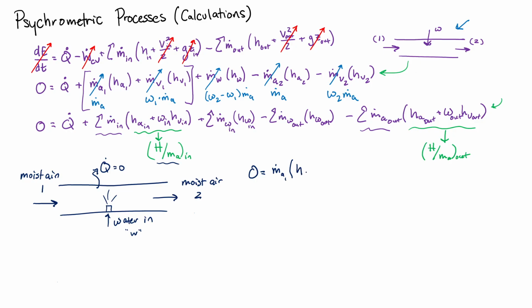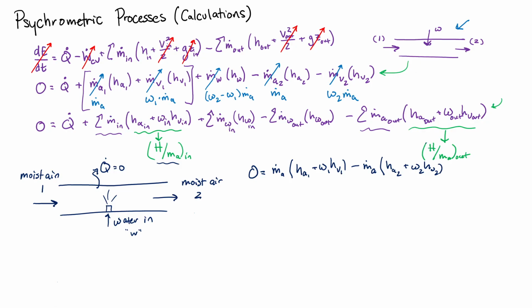So I've got h of my air at 1 plus omega at 1 times my h vapor at 1. I'm going to do this last term second, times m dot air at 2. And since I have one inlet and one exit for air, the airs have to be the same, both in and out, times h air at 2 plus omega at 2 times h vapor at 2.